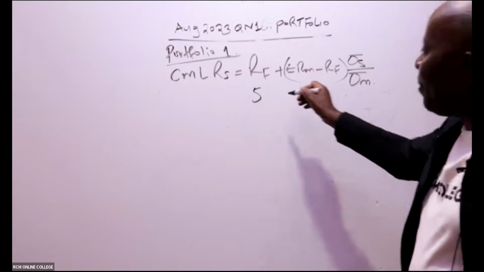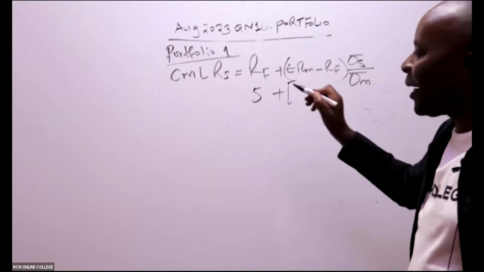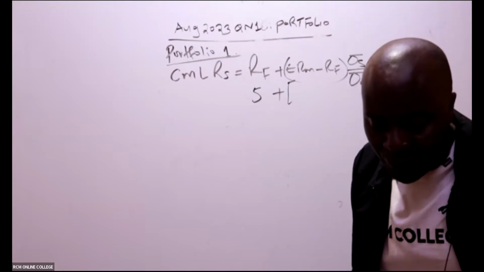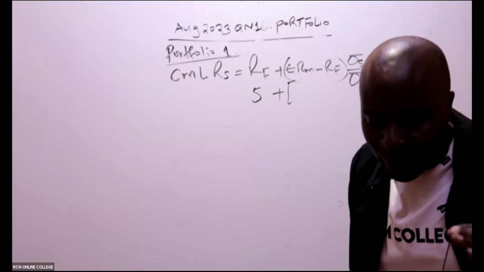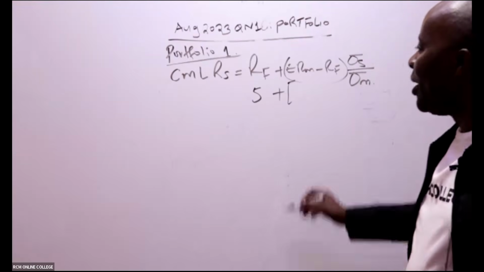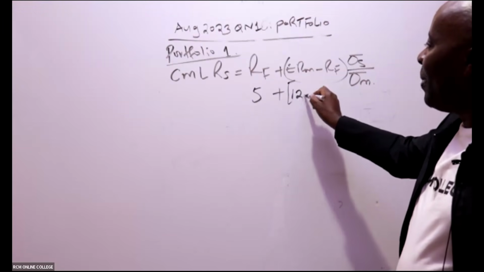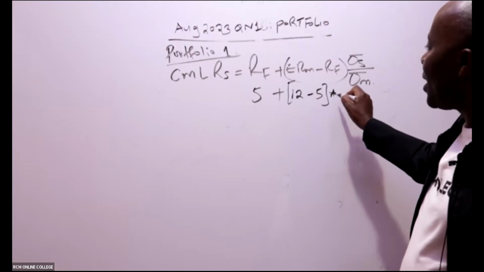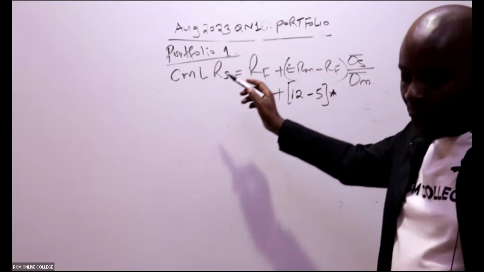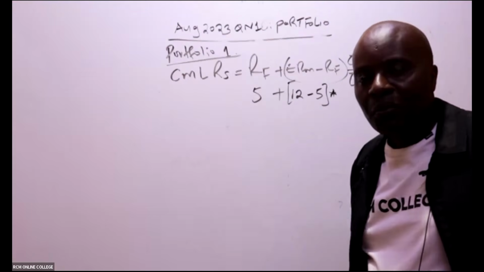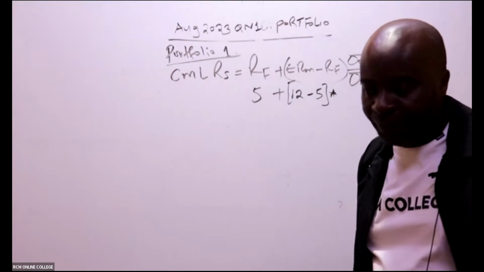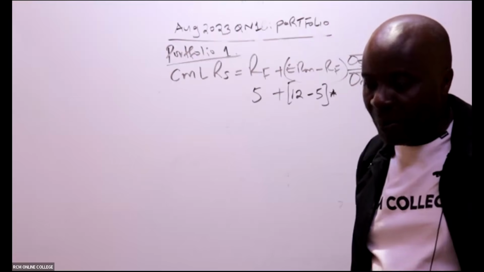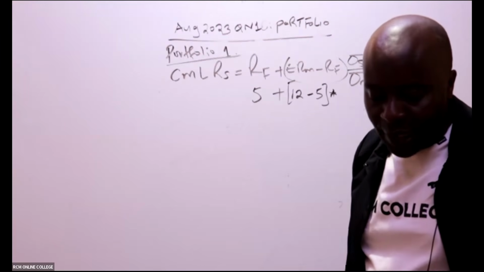5 plus, how about the expected return from the market? Still in that paragraph before required, you can see the expected return on the market portfolio is 12 minus risk-free, which is 5. Have they given me the standard deviation of portfolio 1? Is there anybody who is able to see it?